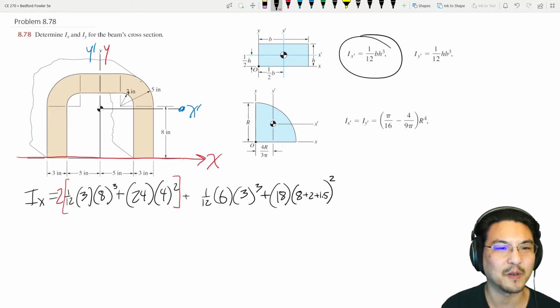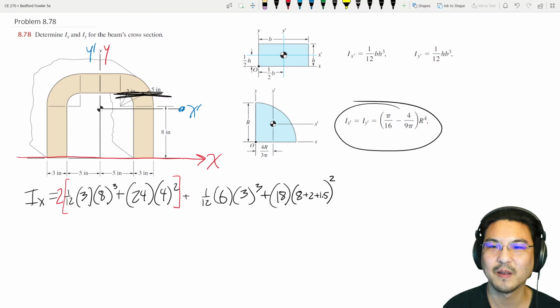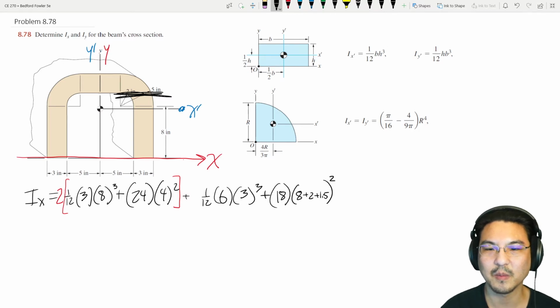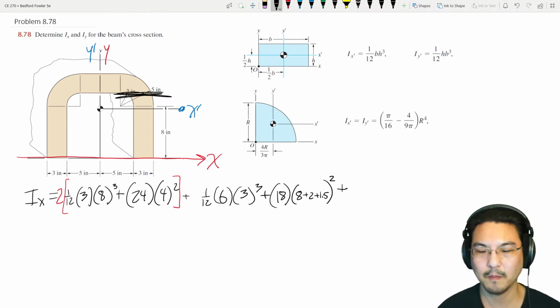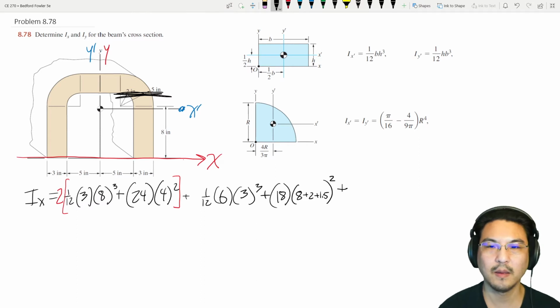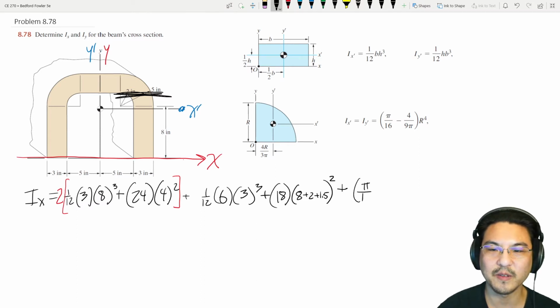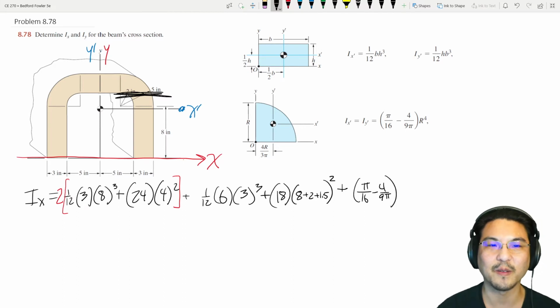Okay, now let's go for this quarter circle, and then we'll handle the cutout afterwards. For this quarter circle here, about this axis is right here, plus (pi/16 minus 4/(9 pi)) r to the 4th.